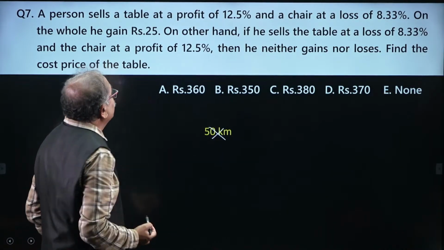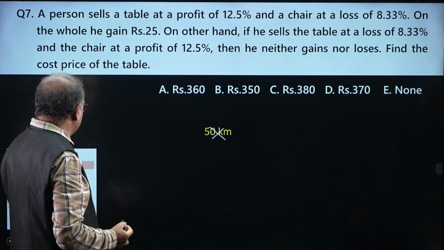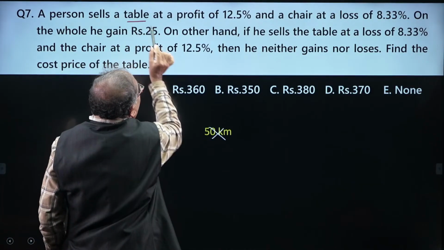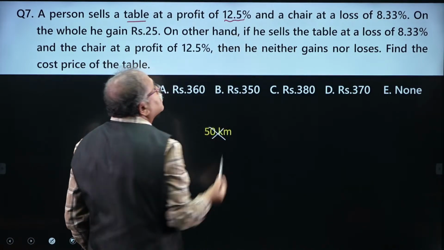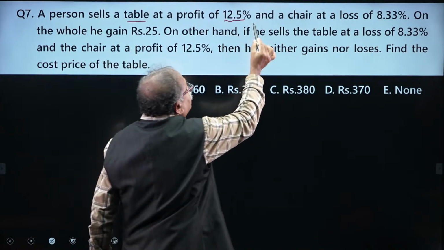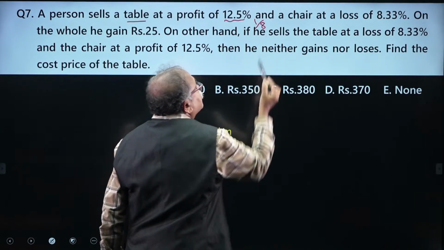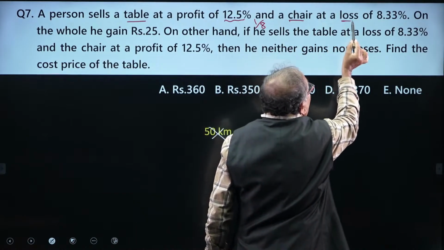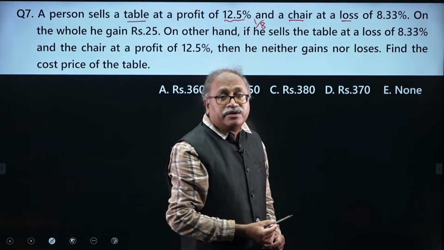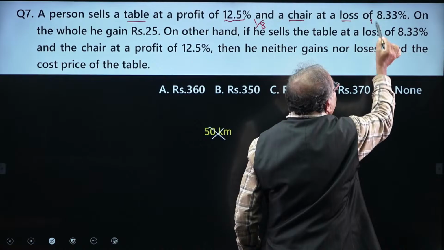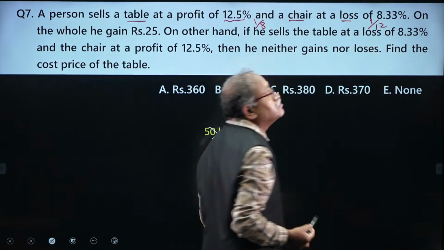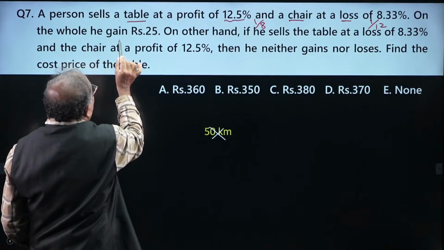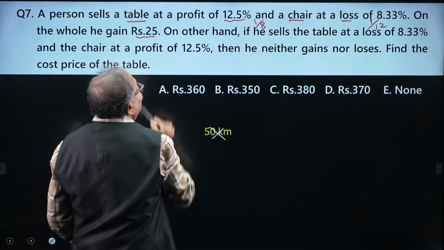Ignore this and allow me to read the question here. A person sells a table at a profit of 12.5%. We know the fraction of this is 1 by 8. And the chair at a loss of 8.33%. We know the fraction of this is 1 by 12. Now, on the whole he gains rupees 25.